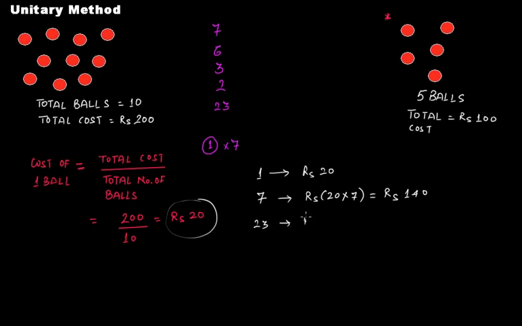That's simple, rupees 20 times 23, and that will be rupees 460. So this is the way to use unitary method: first find out the value for a single item, then you can find out the value for the asked number of items or quantities.